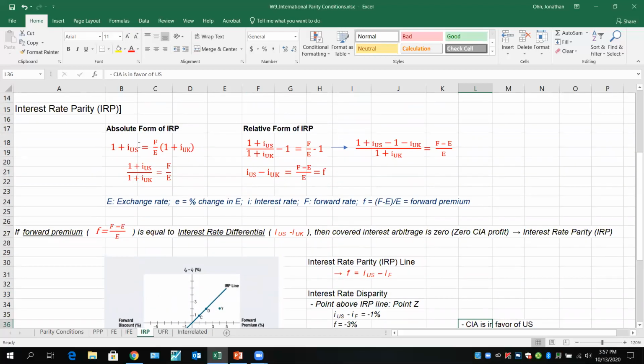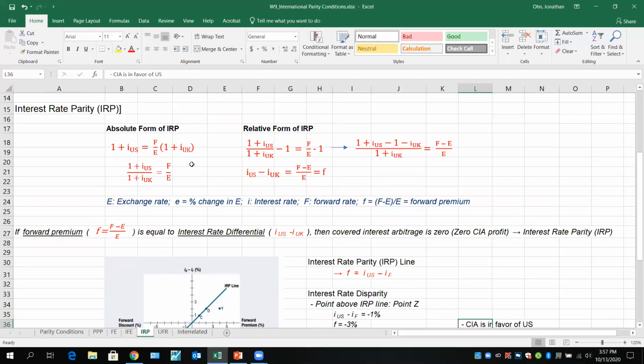So the flexible exchange rate will change to increase this side. So how would you increase this one? The exchange rate will depreciate or the forward rate will increase, either or both.